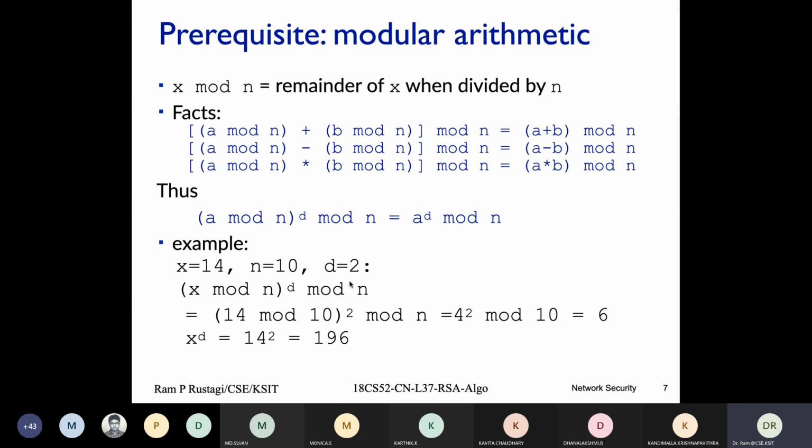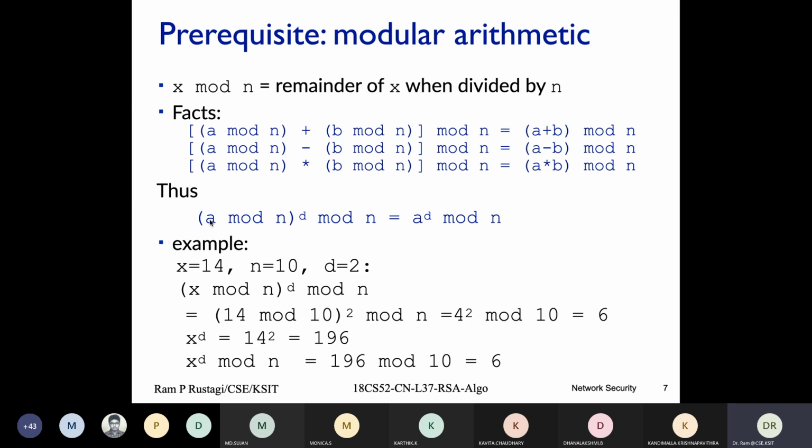This is what we get. Same way, if you do x power d mod n, 14 squared is 196. 196 modulo 10 again gives you 6. And hence the two numbers are equal.